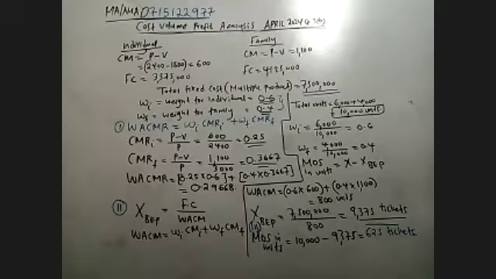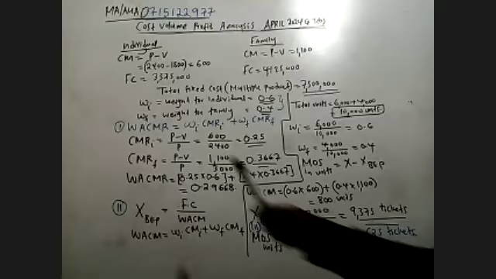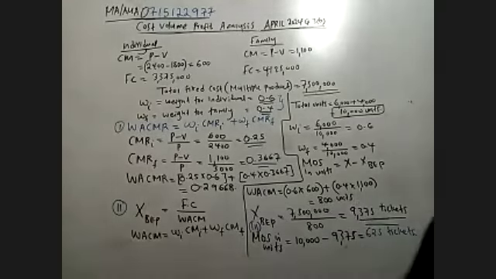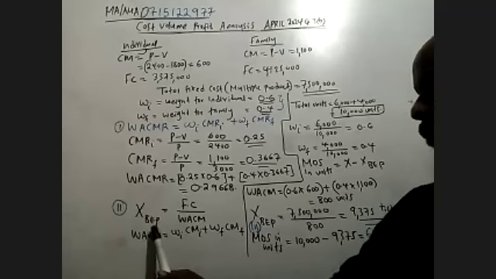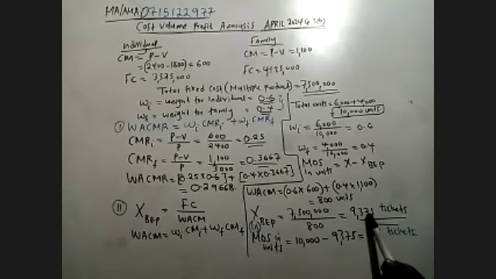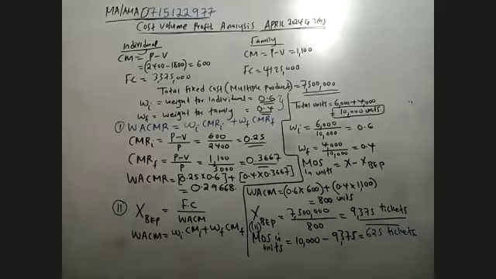Tumemaliza part A, weighted average contribution margin tumemaliza. Part B, break even point ndio hii hapa 9.375 thousand. Part 3 margin of safety 625. Any other question before we go to the last part?